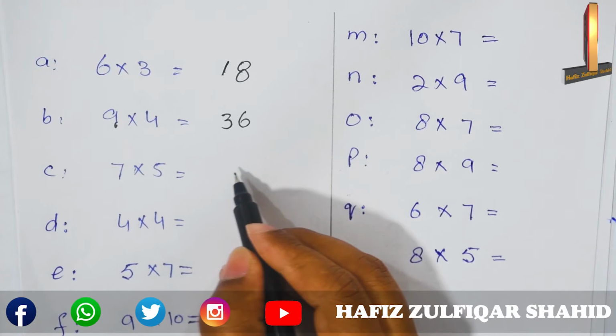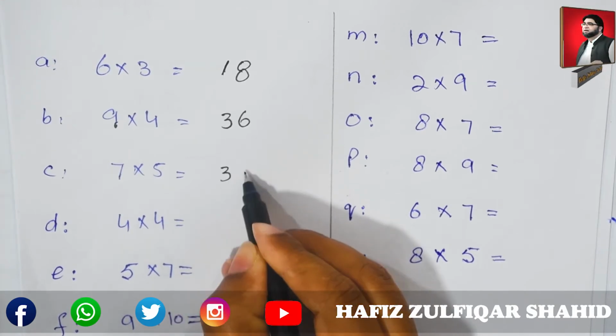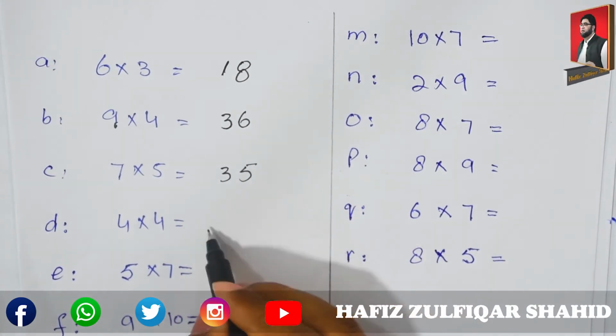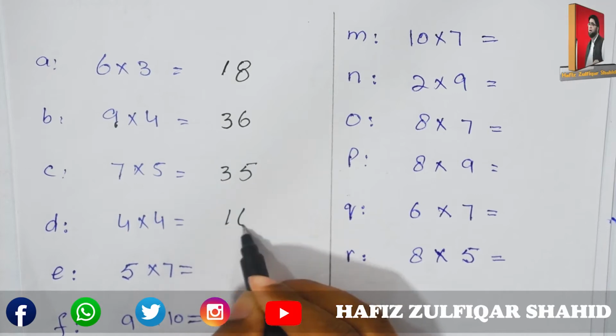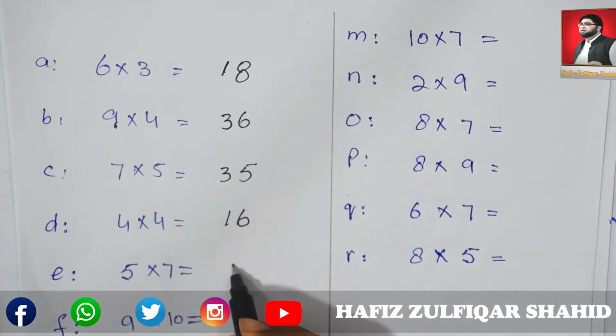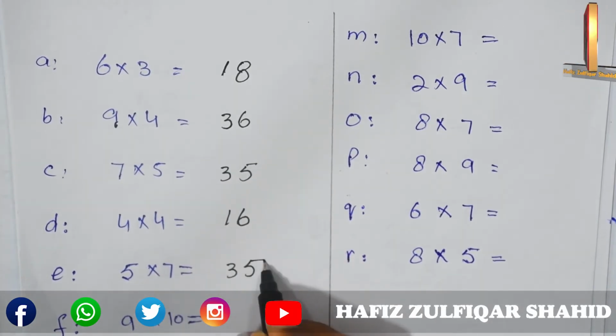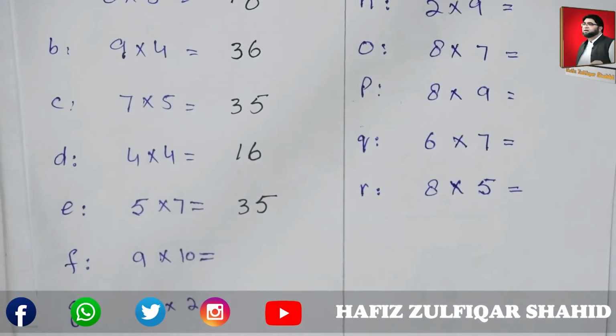7 times 5 is 35. 4 times 4 is 16. Again 5 times 7 is 35.